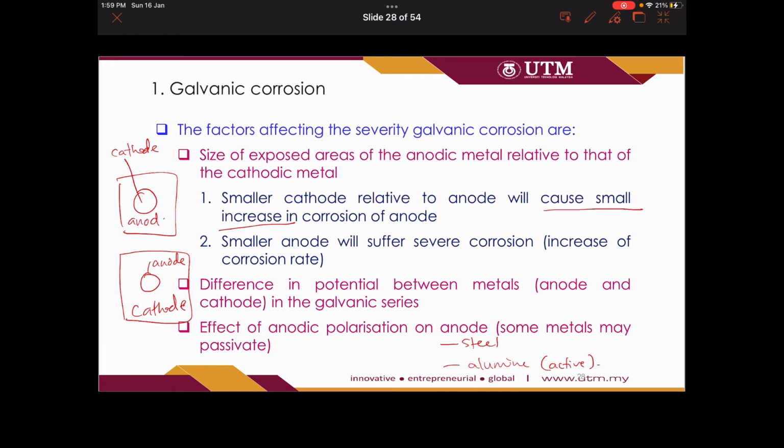If you want to select steel as the cathode and aluminum as the anode, you have to remember aluminum has a tendency to polarize. Once it polarizes, forming aluminum oxide, it will passivate. It will form a very good passivation layer. So it will turn itself from anodic into cathodic when coupled with steel. That's the reason you need to carefully choose your materials.